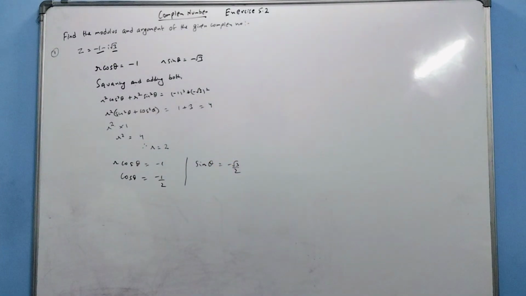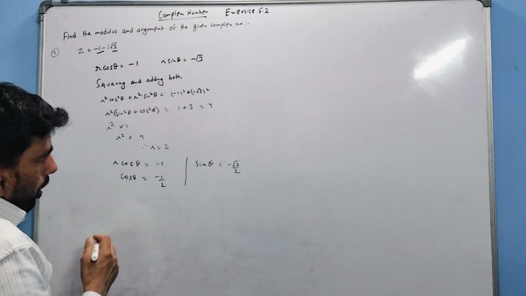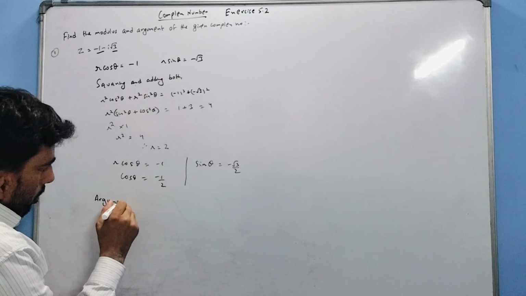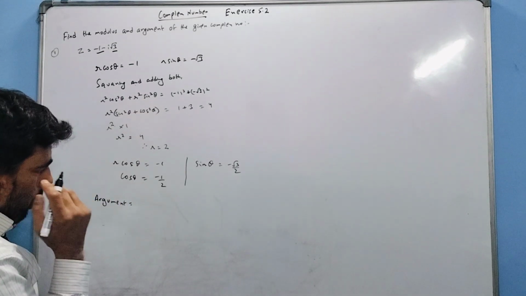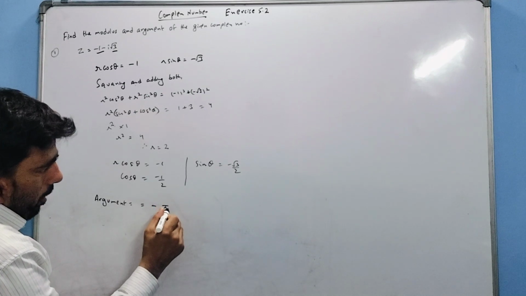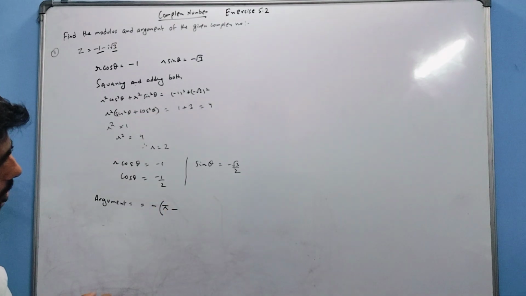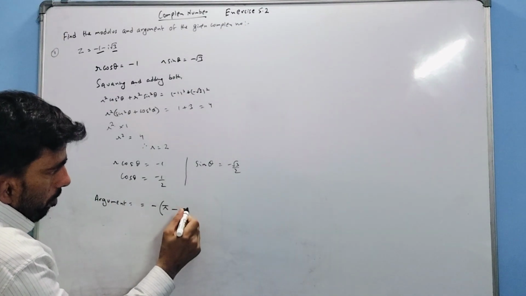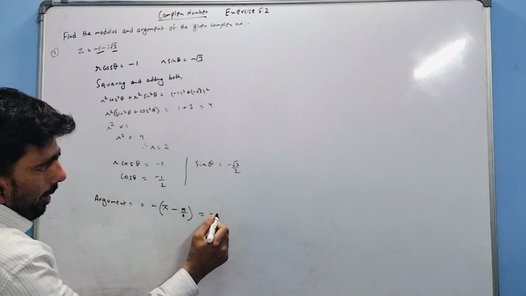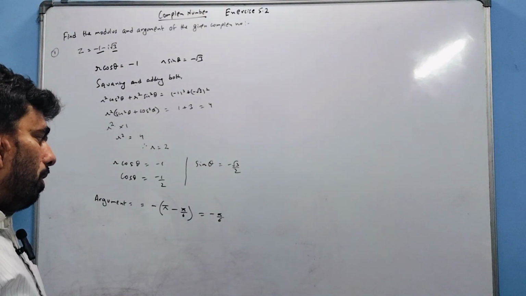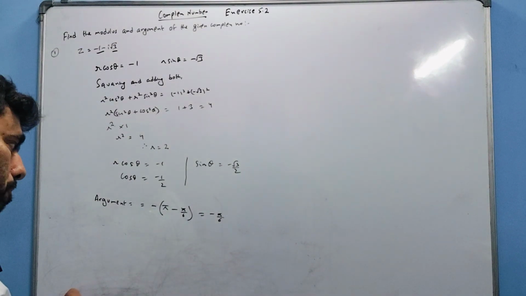Now to find the argument, both are negative, so we'll move to the third quadrant, so the argument will be minus pi plus the angle pi by 3, so it will be minus 2 pi by 3.